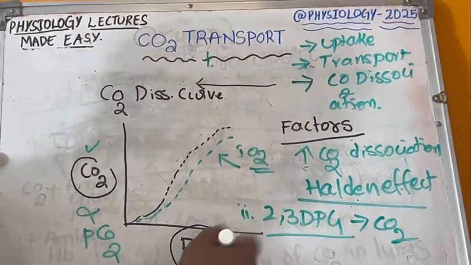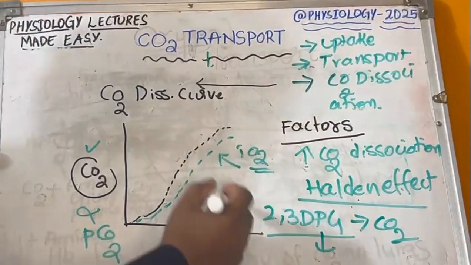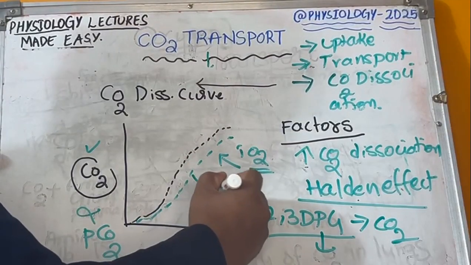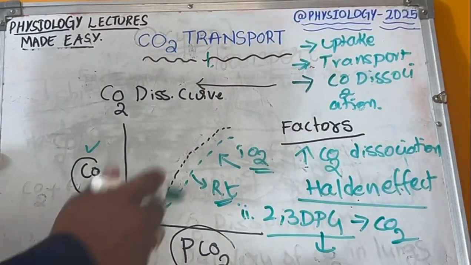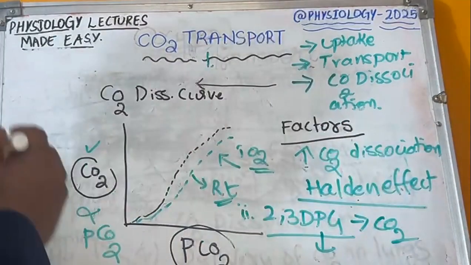At this level also, the carbon dioxide curve is shifting towards the right. So these two factors shift the curve towards the right, and they are very important factors. Now, three headings have been completed.